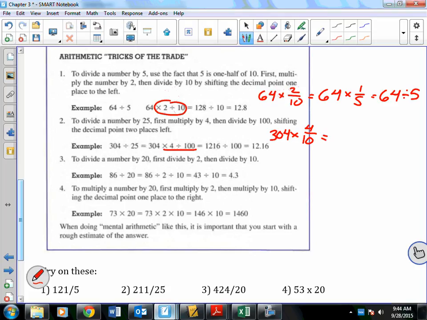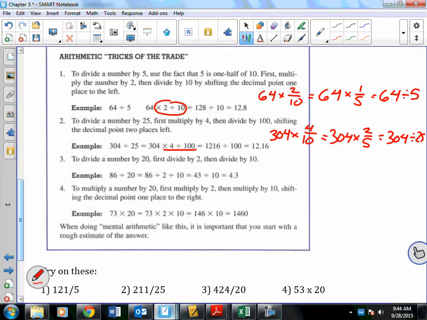Well, 4 divided by 10 is really the same as multiplying by 2 over 5. And 2 over 5 is the same as, if I'm trying to divide by 25, multiplying or dividing by 25.